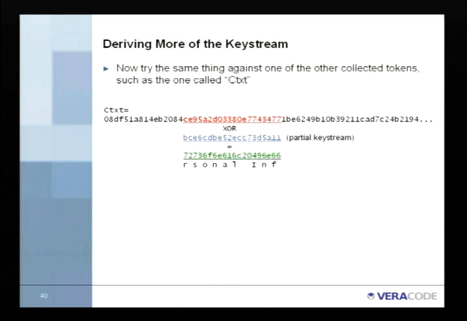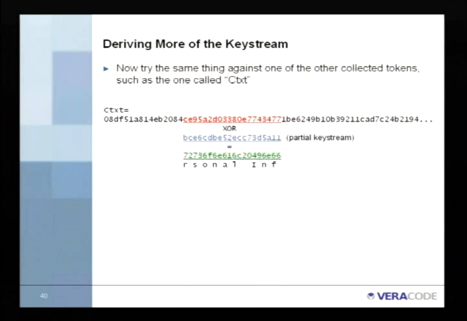So we take one of the context cookies that we found. Actually, it was a parameter, not a cookie. We XOR that with those positions of bytes of the partial key stream that we've recovered, just to see what it comes up with. Maybe it'll come up as garbage, but it turns out that it comes up with ASCII. So cool, right?